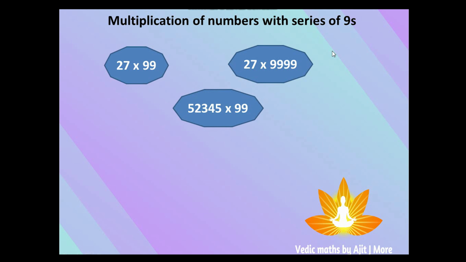Do all these examples fall in this category? Yes. All these examples we are going to solve using one Vedic trick, that is Nikhilam Navatascharamam Dashataha, that is all from 9 and last from 10.